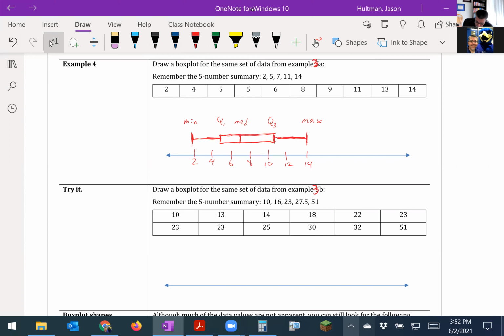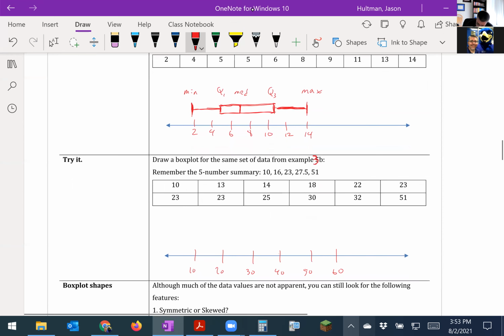I want to make sure the scale doesn't get too big. Maybe we'll go 10, 20, 30, 40, 50, 60.